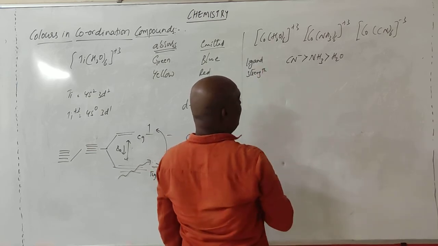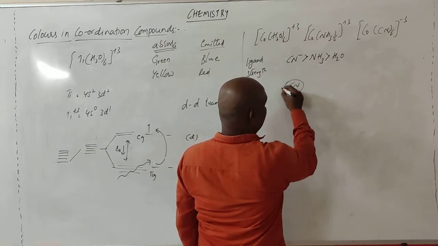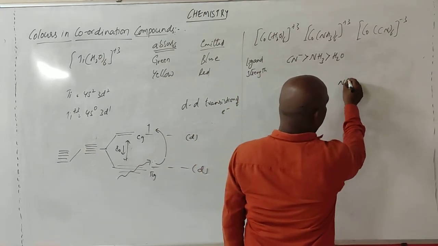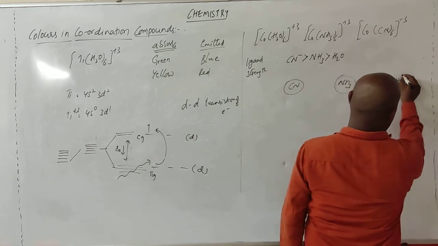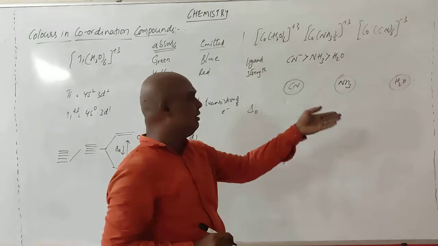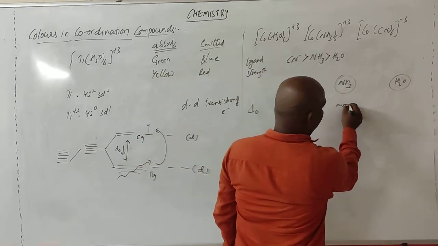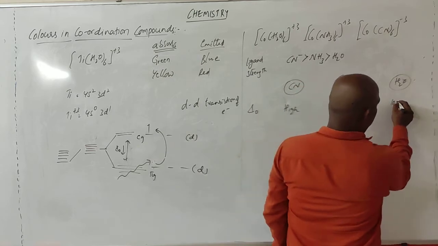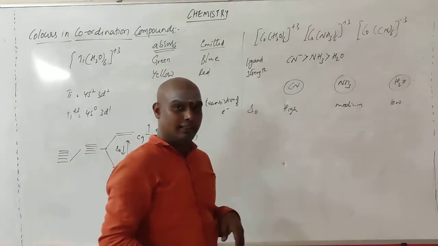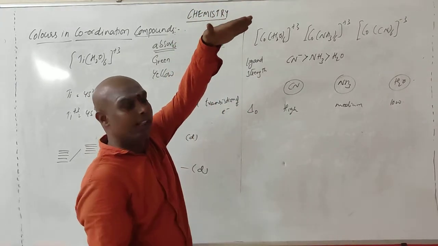These are the conditions, so this is ligand strength. Let me take three conditions: one cyanide complex, one NH3 complex, one H2O complex. Delta will be higher for which one? It is very simple. This is higher, this is medium, this is very low. This is the difference in energy between the orbitals, the lower energy orbital and the higher energy orbital.